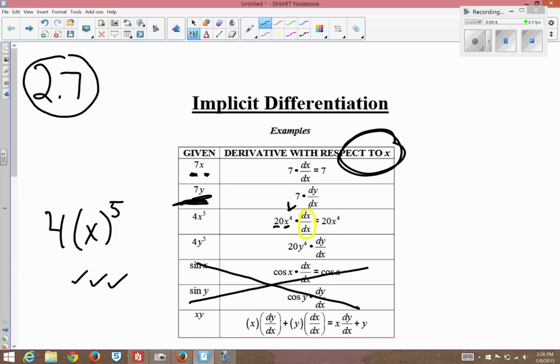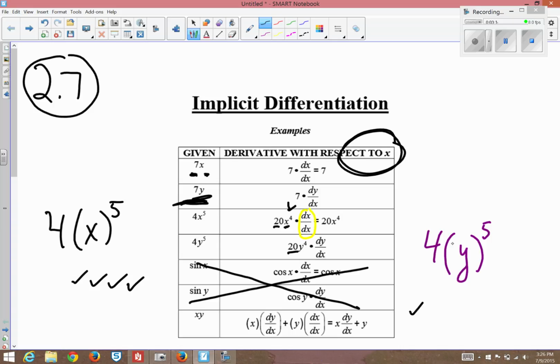But it's important to understand why I'm putting this thing in the yellow here, because for the derivative of 4y to the 5th, you must think of the y as if it was in parentheses, even if it isn't, because we still require the 4 bells. Here we had the 4, but our 4th one ends up disappearing up here in the yellow, but not in the 4y to the 5th case. The derivative of 4y to the 5th is 5 times 4, which is 20.